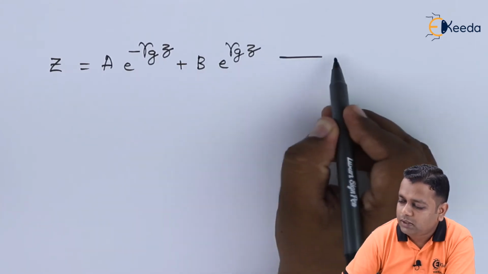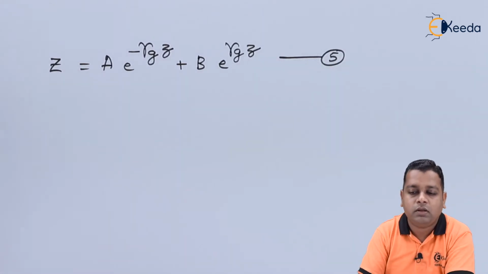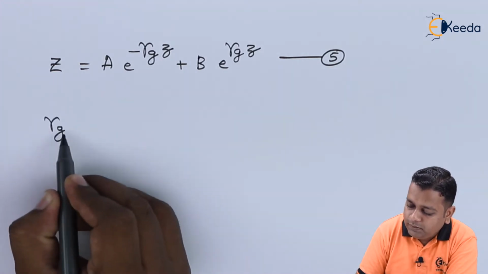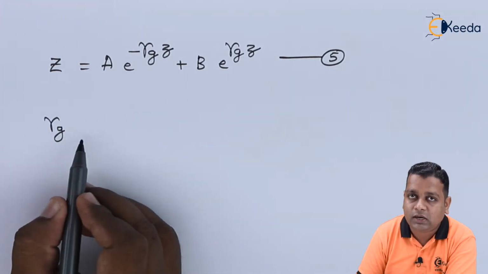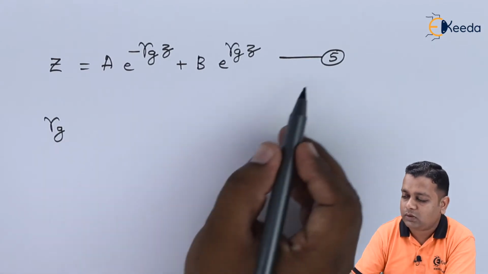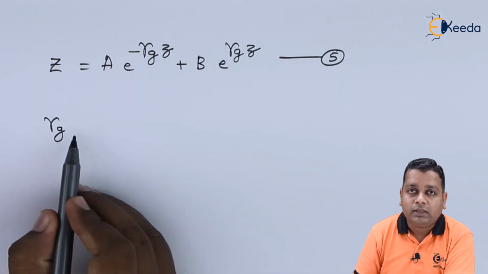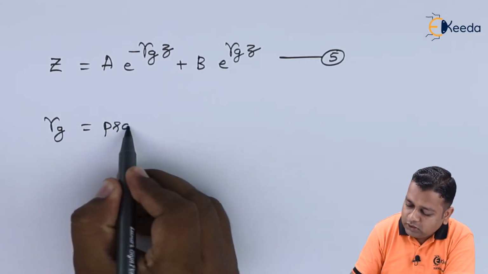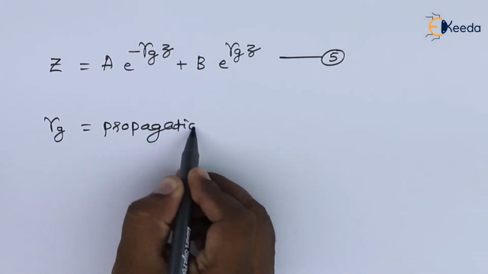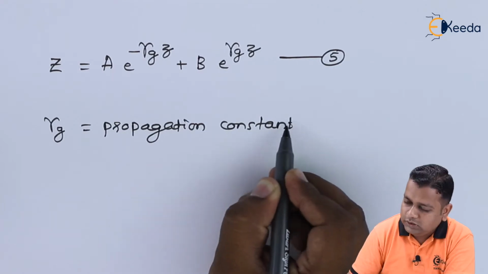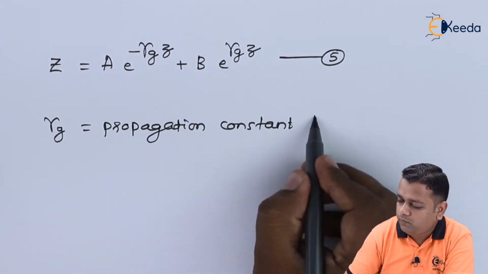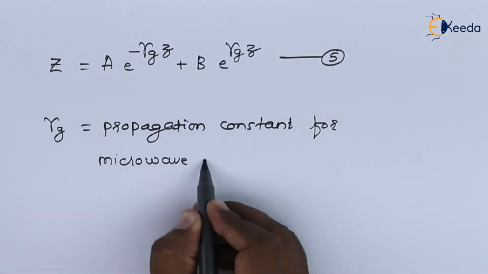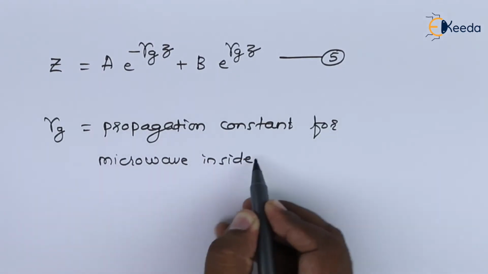So let this be the next equation number 5. Now the representation gamma suffix g that we have used in the previous and equation number 5 here, gamma suffix g can be written as the propagation constant, and this propagation constant is for the microwave inside the waveguide here.